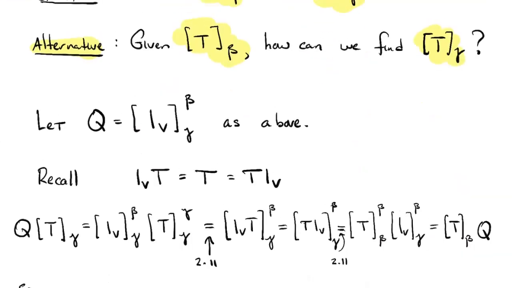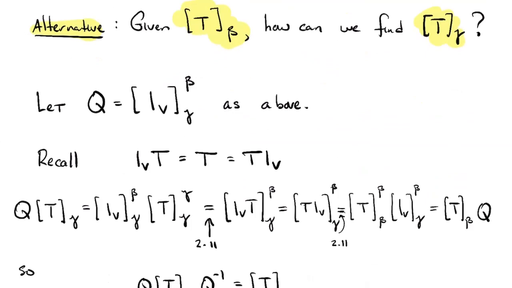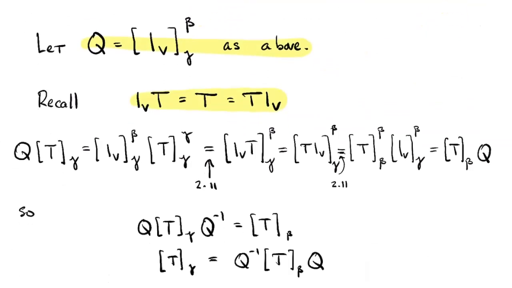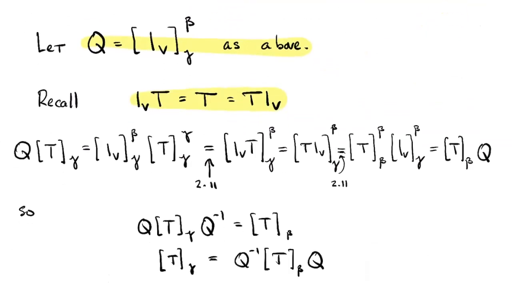Okay, well, here's how we can proceed to do that. Let's take the same Q as we had above. Q is the matrix of the identity map from gamma to beta. And let's recall that when you compose the identity map with any other transformation, you don't change it, okay? So now I'm just going to make kind of a calculation. I'm just going to walk you through this left to right. I'm going to take that matrix Q and multiply it by the matrix of T in the gamma basis.